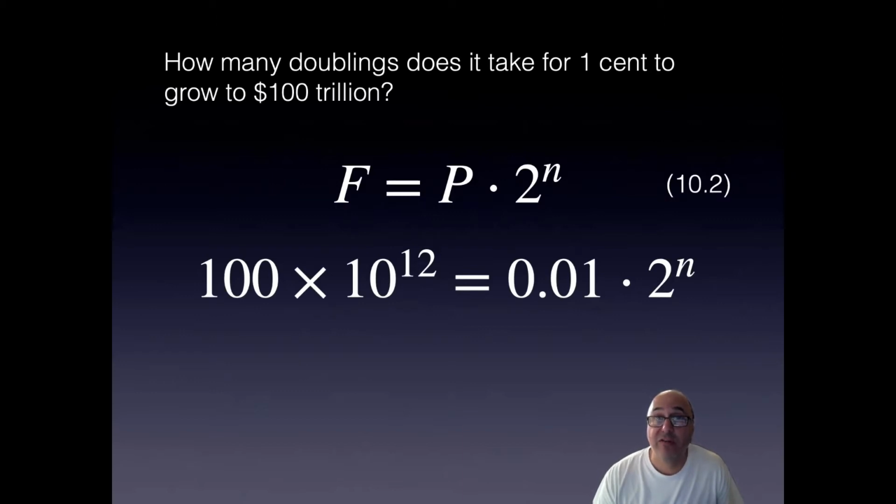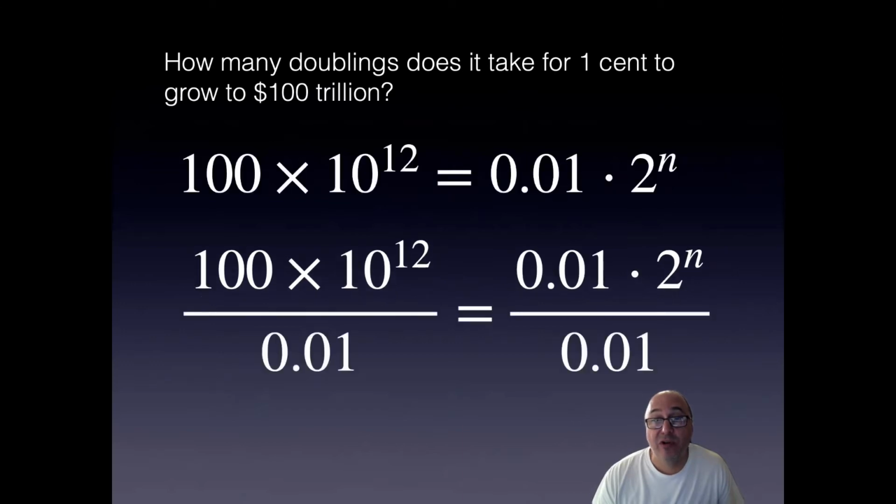100 times 10 to the 12 equals 0.01 times 2 to the n. And we want to solve that for n. The first thing you want to do, and this is true in almost all algebra problems, is you want the variable that you're trying to solve for isolated on one side of the equation. So that means we need to move the 0.01 from the right-hand side to the left-hand side. We do that by dividing both sides of the equation by 0.01.